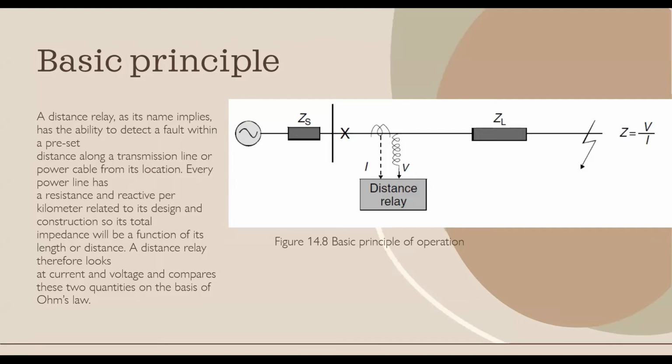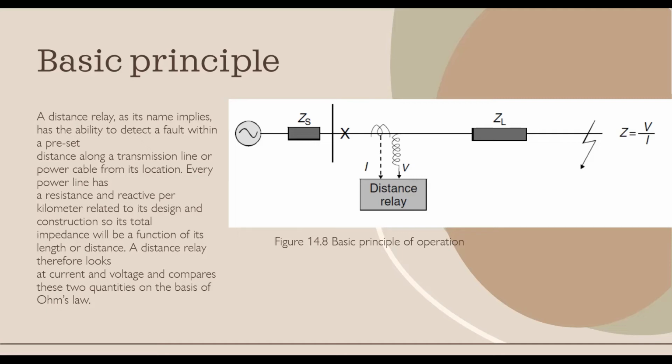So the total impedance will be a function of its length or distance. A distance relay therefore looks at the current and voltage and compares these two quantities on the basis of Ohm's law.